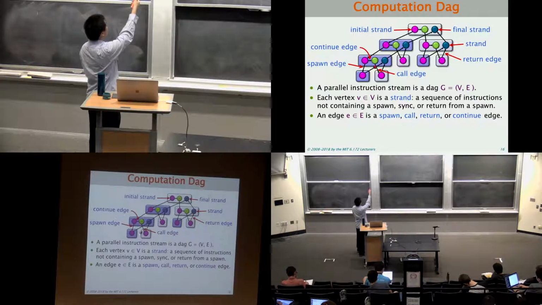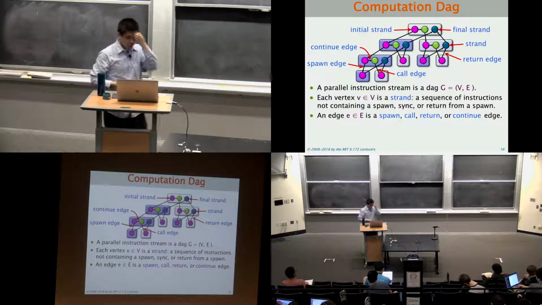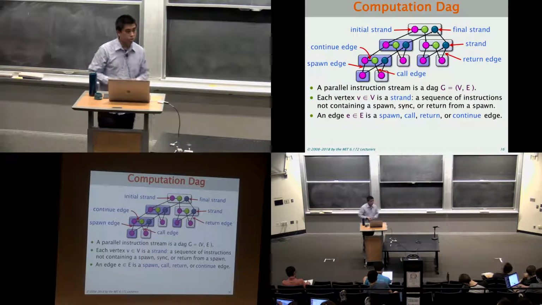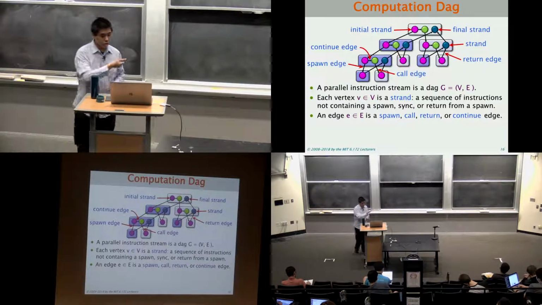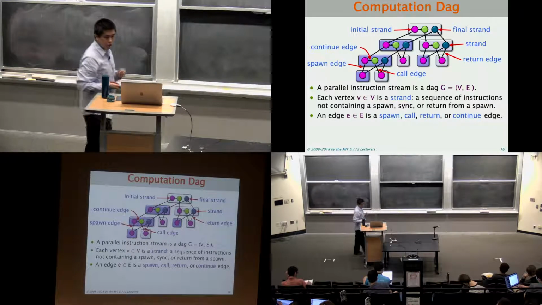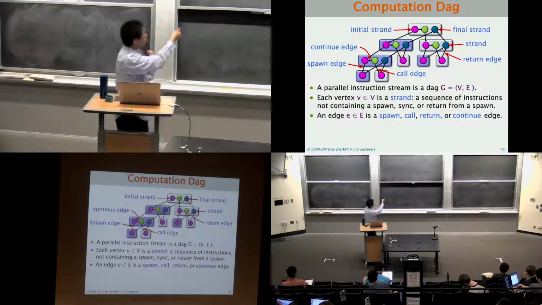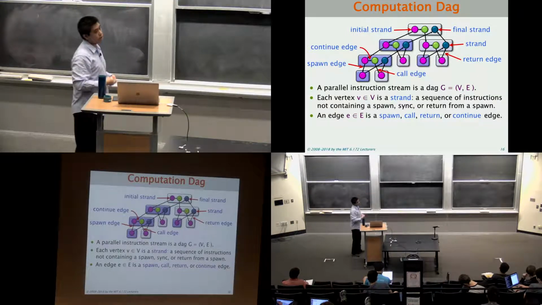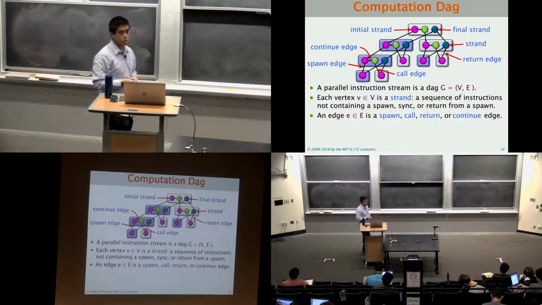In this example, these are coming out of the green nodes and going to a magenta node. A return edge corresponds to an edge going back up to the parent caller, so here it's going into one of these blue nodes. And finally, a continue edge is just the other edge when you spawn a function. This is the edge that goes to the green node, representing the computation after you spawn something.